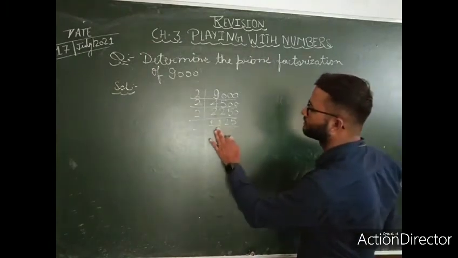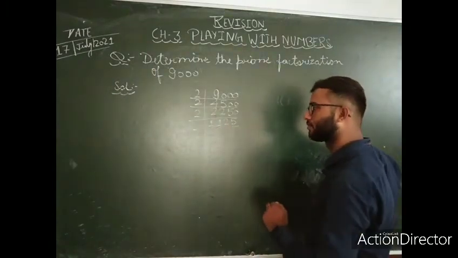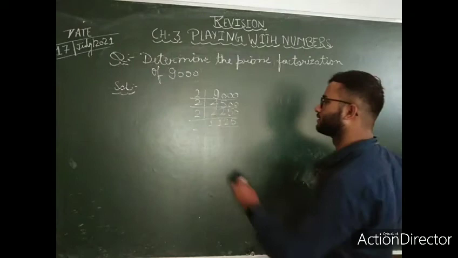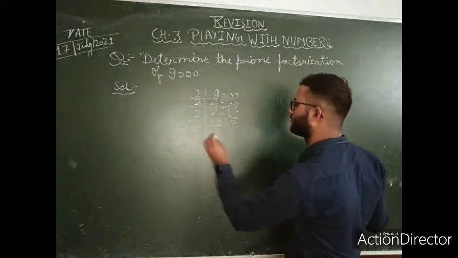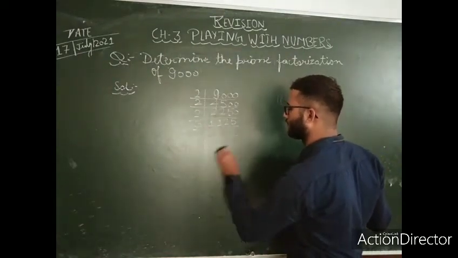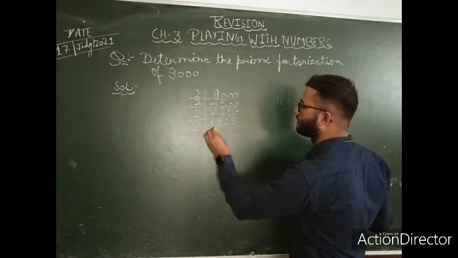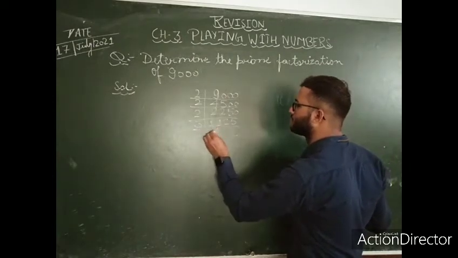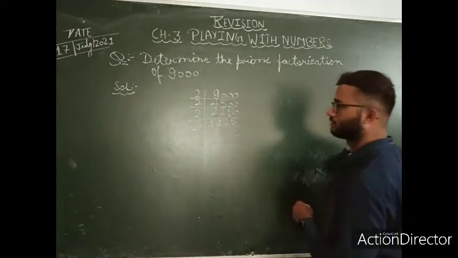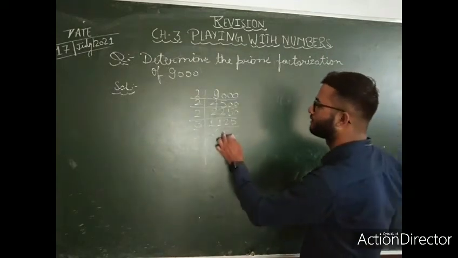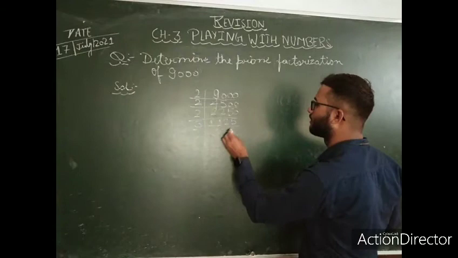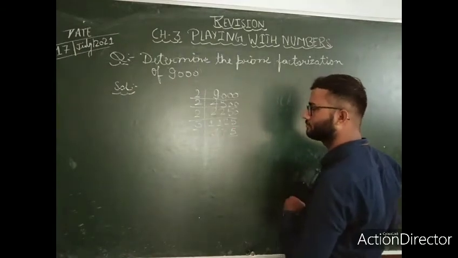Now this number 1125 is divisible by 3. So here we divide this number by 3. 3 3s are 9, 2 is left, 3 7s are 21 and 3 5s are 15.